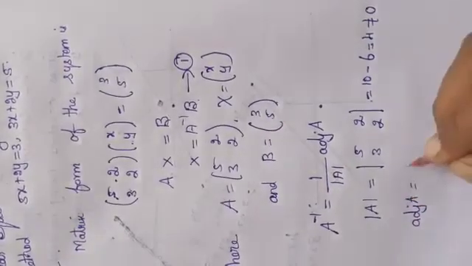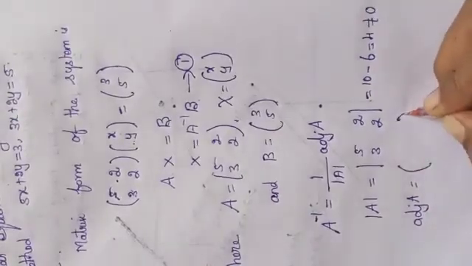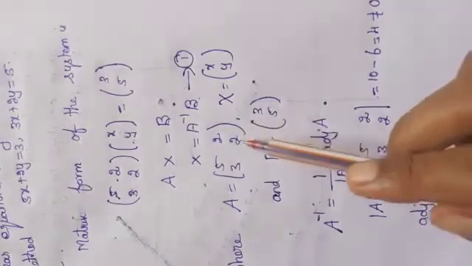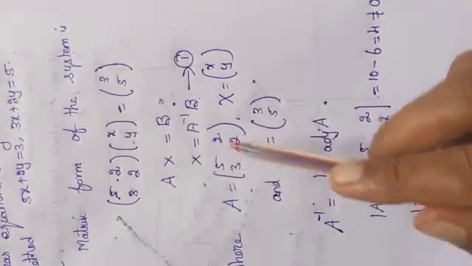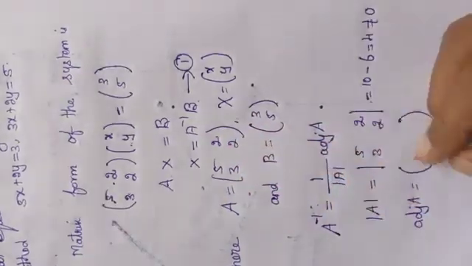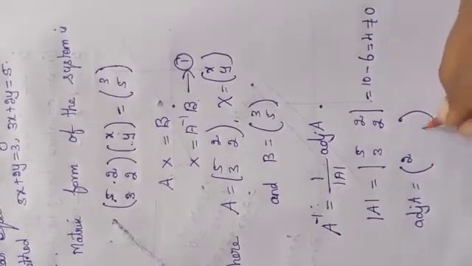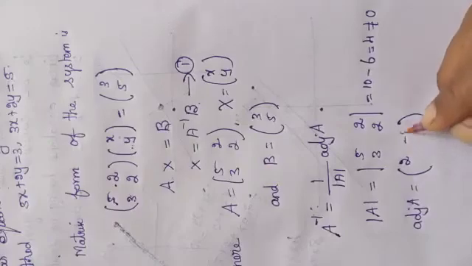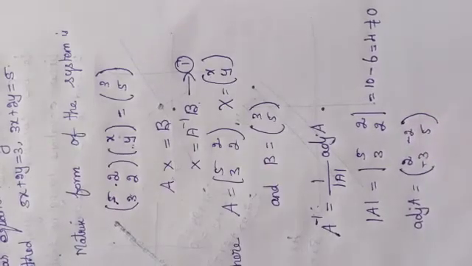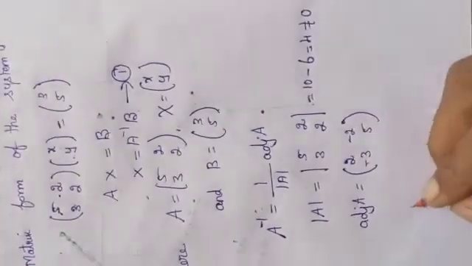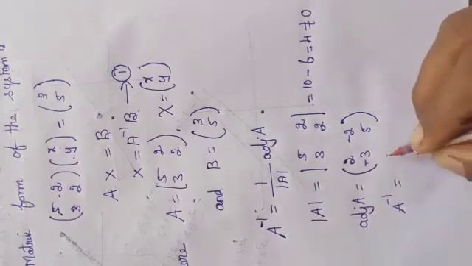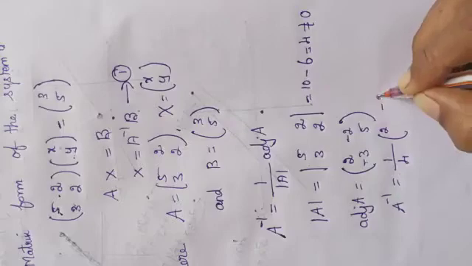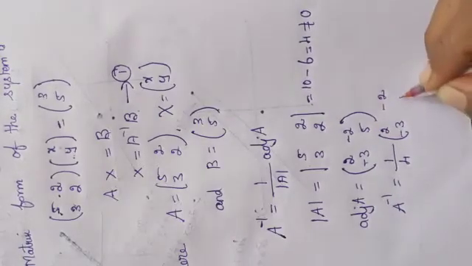Adjoint A for a 2 by 2 matrix, in a single step we can write, isn't it? Exchange the main diagonal, change the sign of the other diagonal. 5 to 2, that is 2, 5. Then the other values: 2 means minus 2 and 3 means minus 3. Is it not? Now shall we write A inverse? A inverse is equal to 1 by determinant A, 4, into 2, minus 2, minus 3, 5.